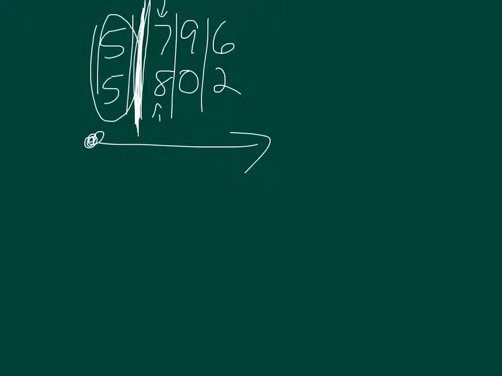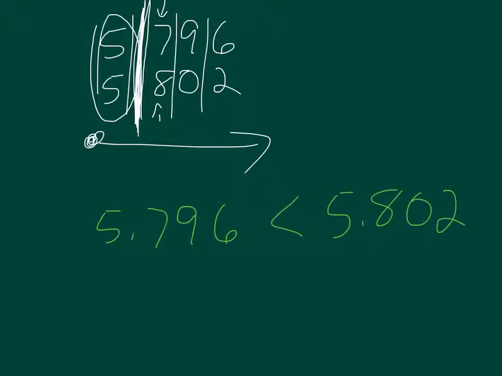So the 5.796 is going to be less than 5.802, or 5 and 802 thousandths. So we have 5 and 796 thousandths and 5 and 802 thousandths. And we know that the 5.796 is less than 5.802.